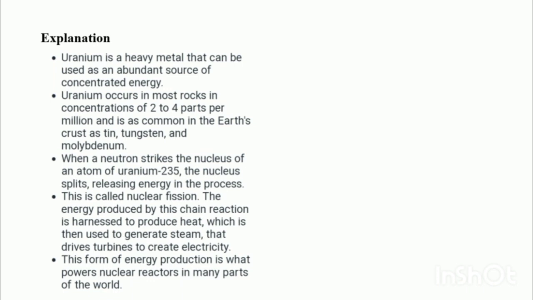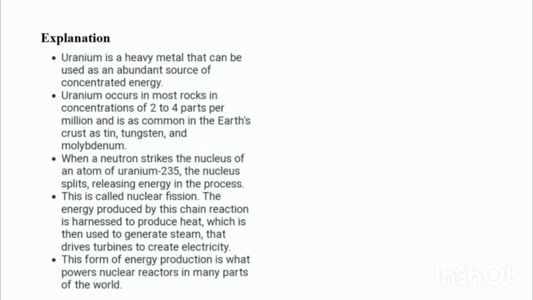Uranium is a heavy metal that can be used as an abundant source of concentrated energy. Uranium occurs in most rocks in concentrations of 2 to 4 parts per million, and it is as common in the earth's crust as tin, tungsten and molybdenum.